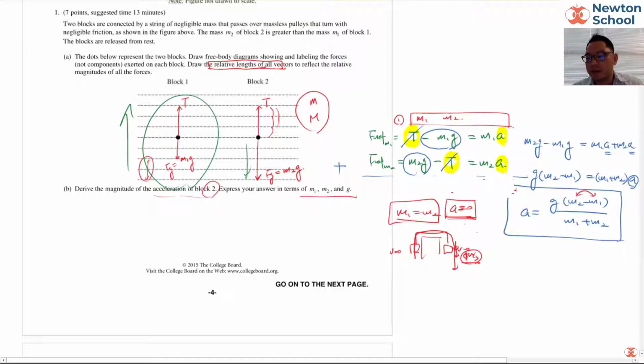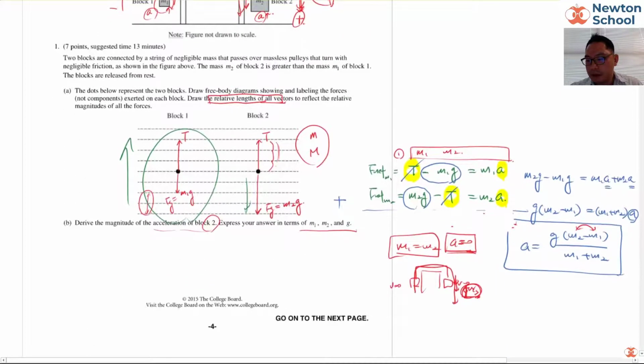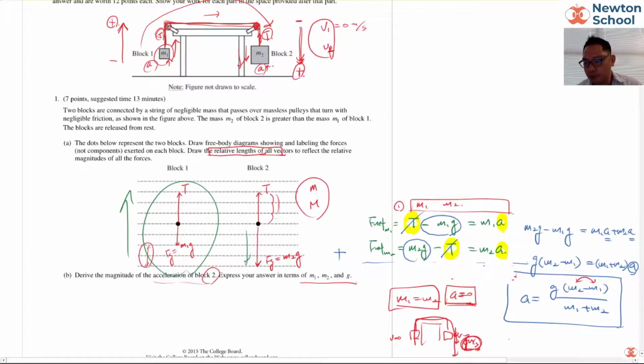If initial velocity was 0, final velocity is 0. If initial velocity was something else by means of another force, then you'll keep the velocity constant. Now what happens if M2 is infinite? Let's think about that. M2 being infinite means this guy gets massive.